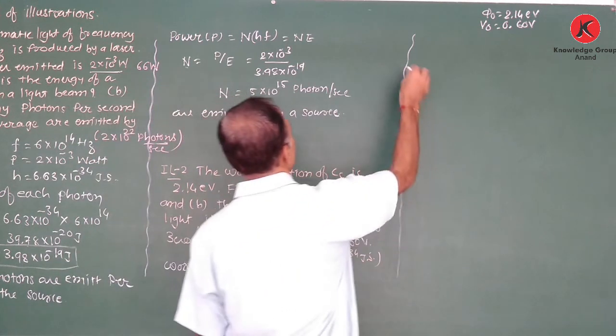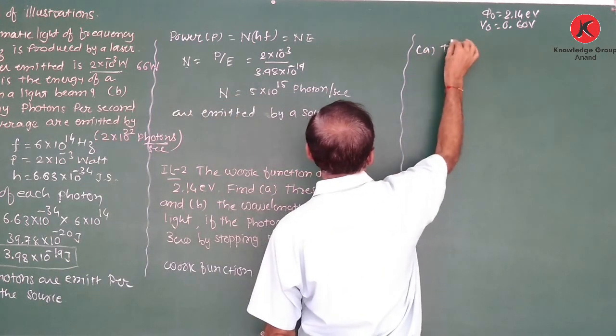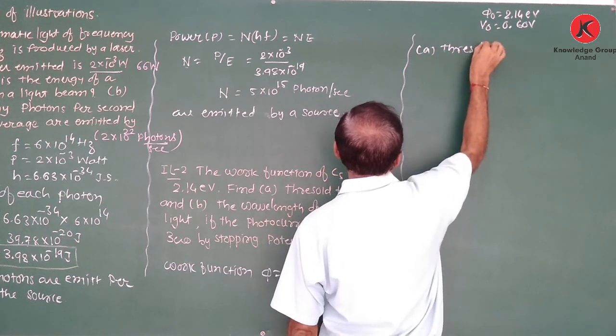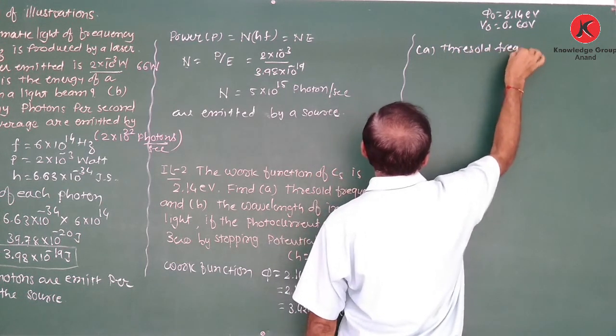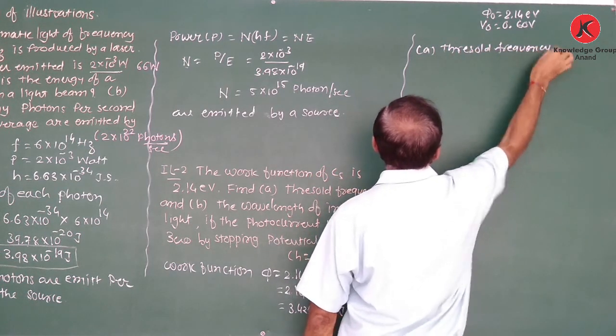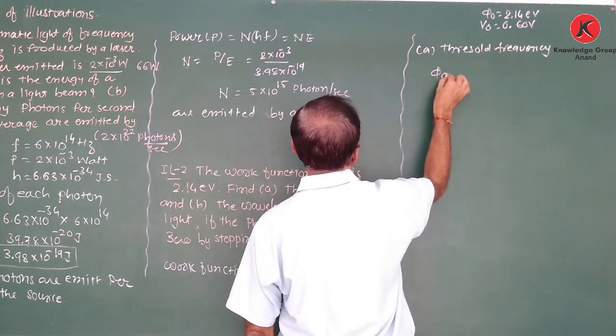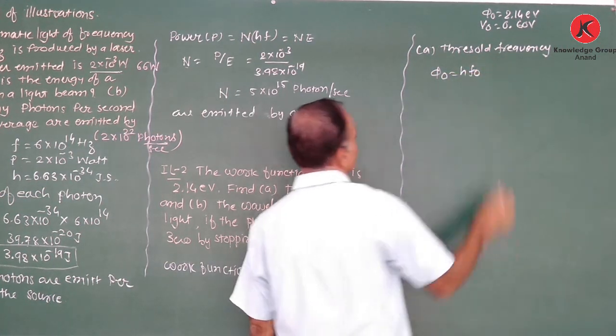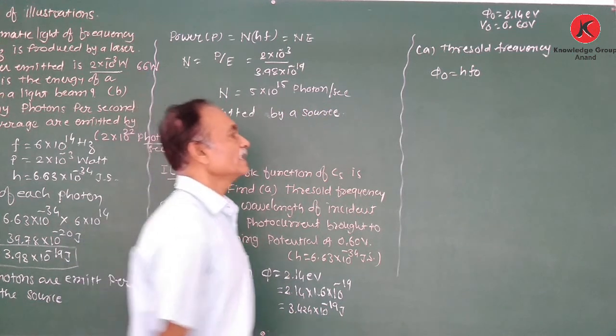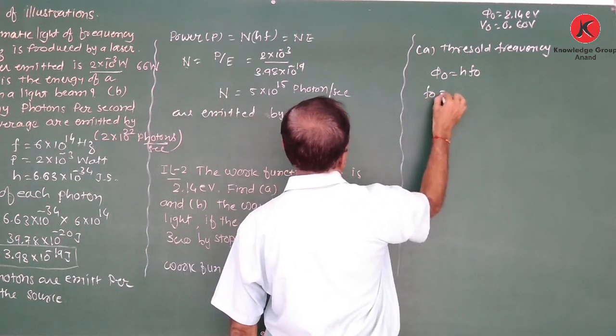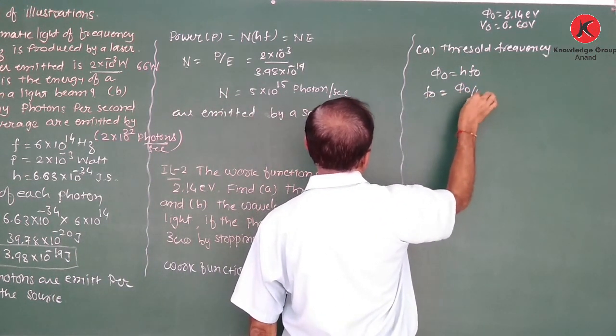So first, the threshold frequency. We know that the work function phi 0 is equal to h f0. Therefore, f0 is equal to phi 0 upon h.